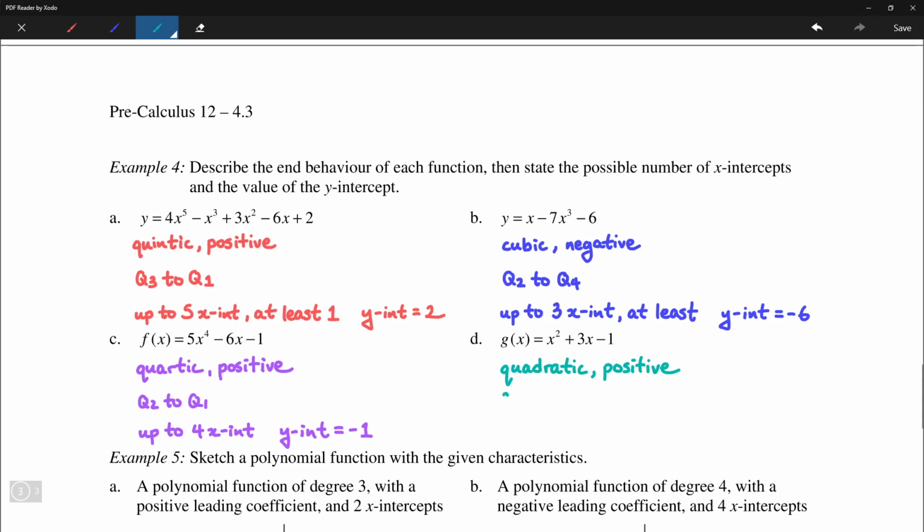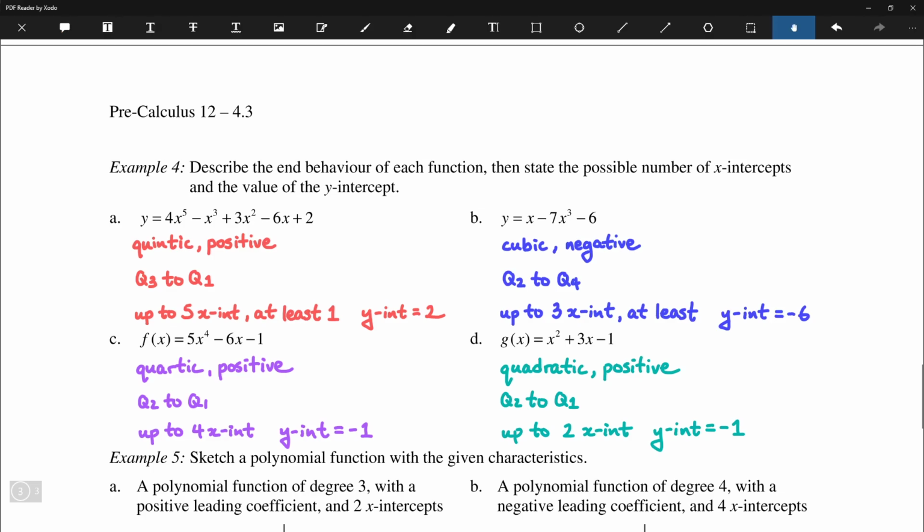So this will be from quadrant 2 to quadrant 1, with up to 2 x-intercepts, so 0, 1, or 2, and a y-intercept of, once again, -1. So that's how we can determine some characteristics of polynomial functions without graphing them.